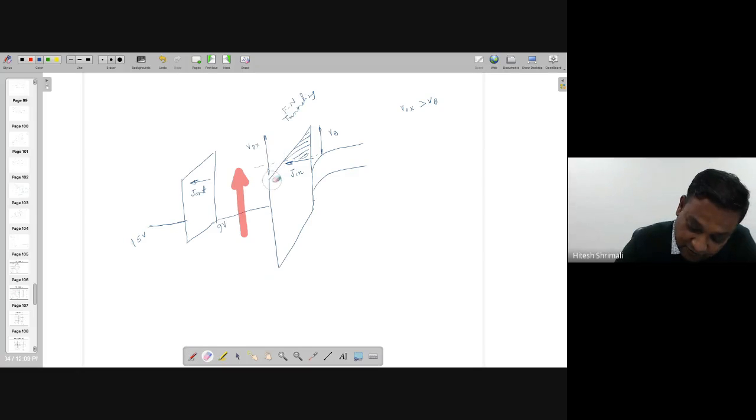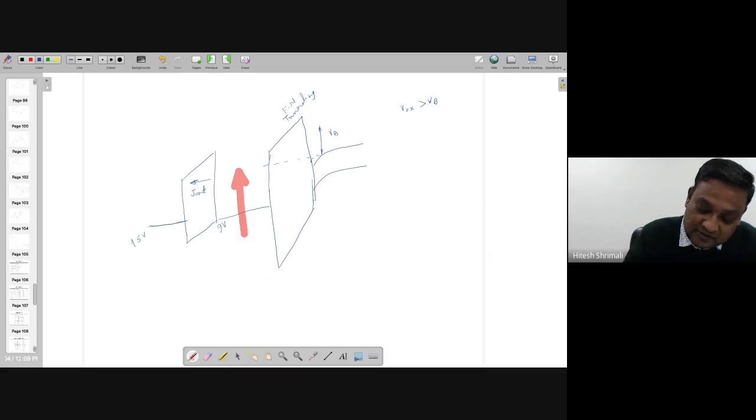What is going to happen? You will see that at one point of time, tunneling is still there, but its approximation is trapezoidal, and it's going to be direct tunneling, right?